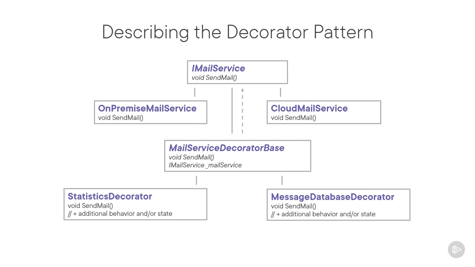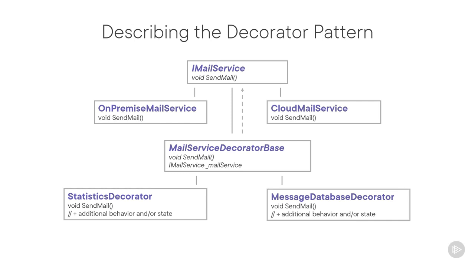So with a few simple interventions, we can easily extend the functionality of the mail service objects without having to resort to an explosion of subclasses or large inheritance trees, and while at the same time sticking to the single responsibility principle. That's pretty cool, right?